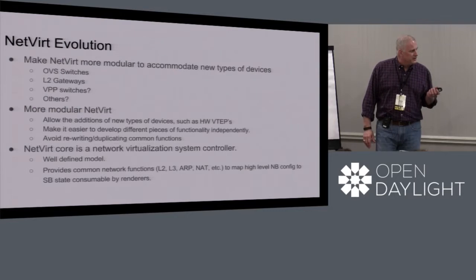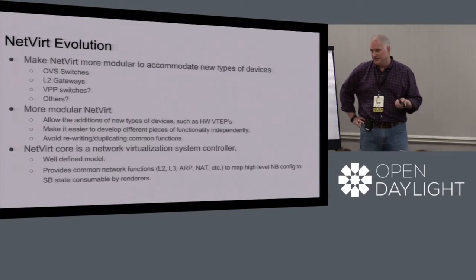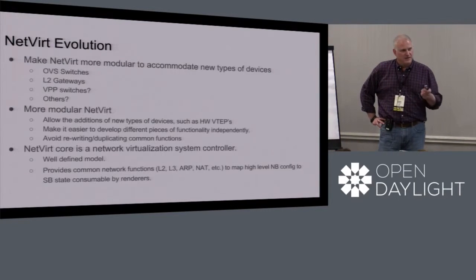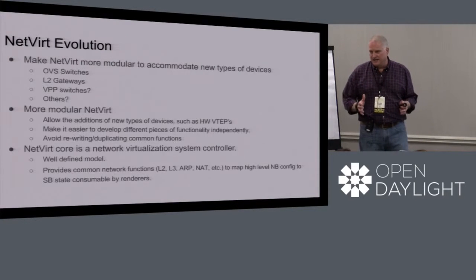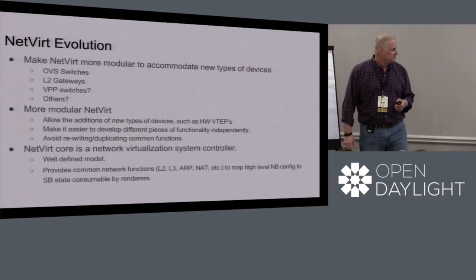We also want to be able to, as we talked about during the last session, support generic network functions, developing different pieces of functionality independently and making it more modular, so it's easier to add new functionality to what exists.